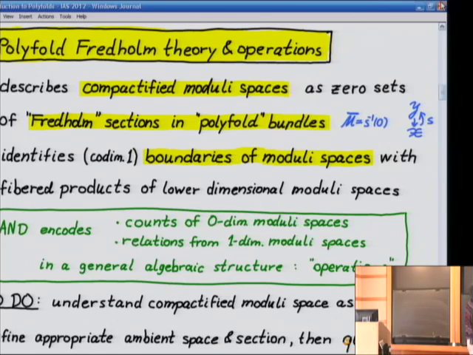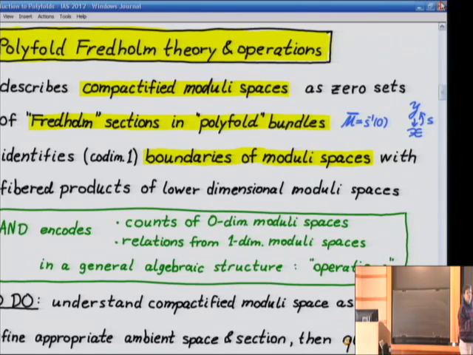Or if you just think of counting zero-dimensional moduli spaces and using the one-dimensional moduli spaces to get the relations between those counts, you can immediately phrase the relations in terms of the algebraic structure that describes the operations on your polyfold.